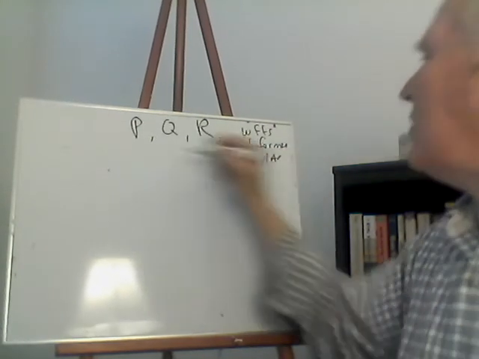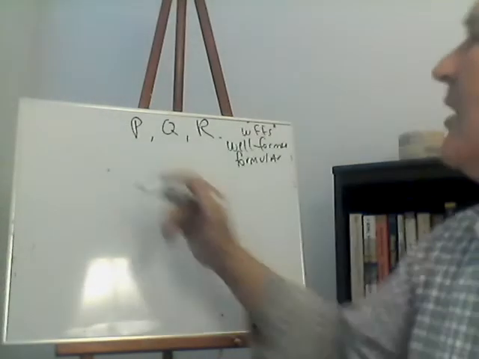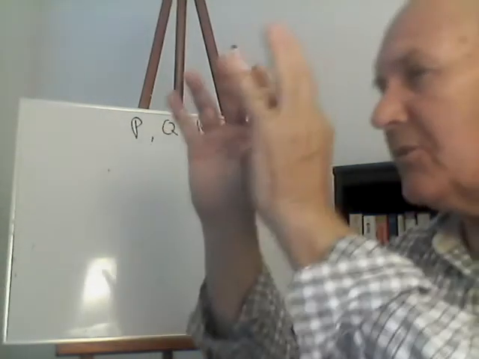So P, Q, and R are the simplest. They're called statement letters, and they can refer to simple statements.